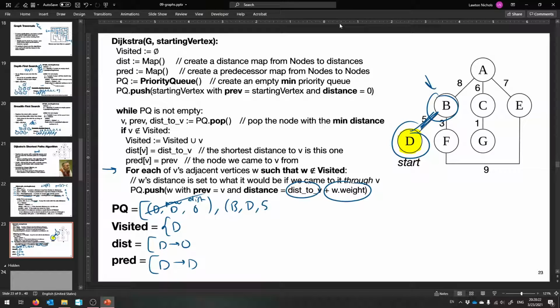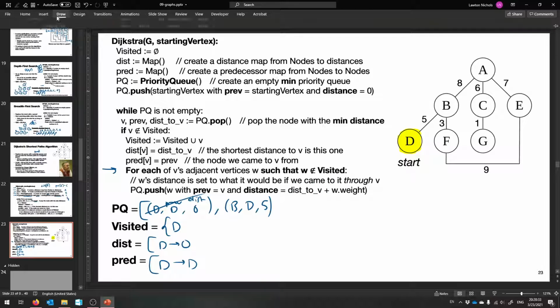So it is 5. 0 plus 5 is 5. Okay? That's how you do it. And so this distance here is our best guess at the actual distance from the start to this node. Okay? It might be replaced eventually, depending on what gets added later.